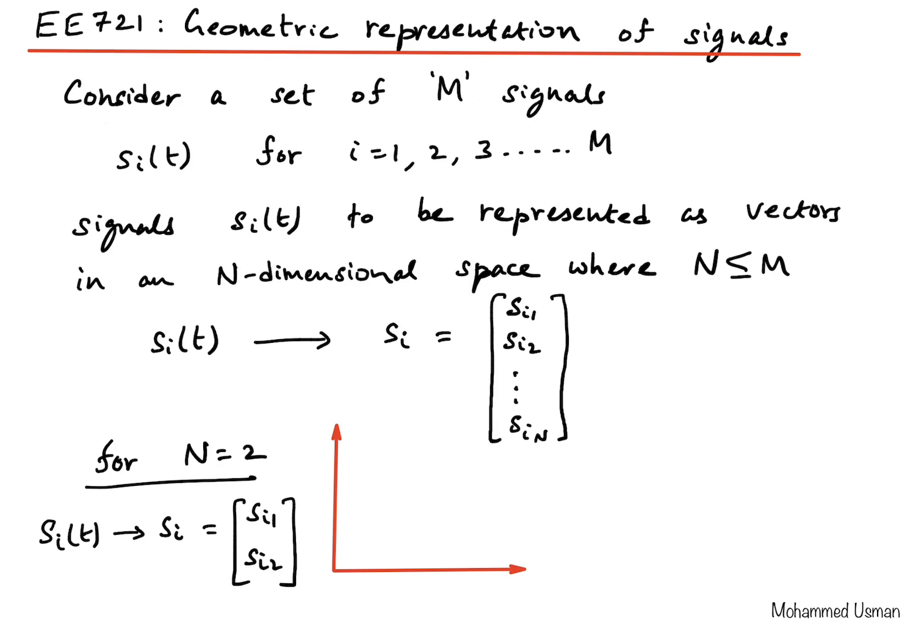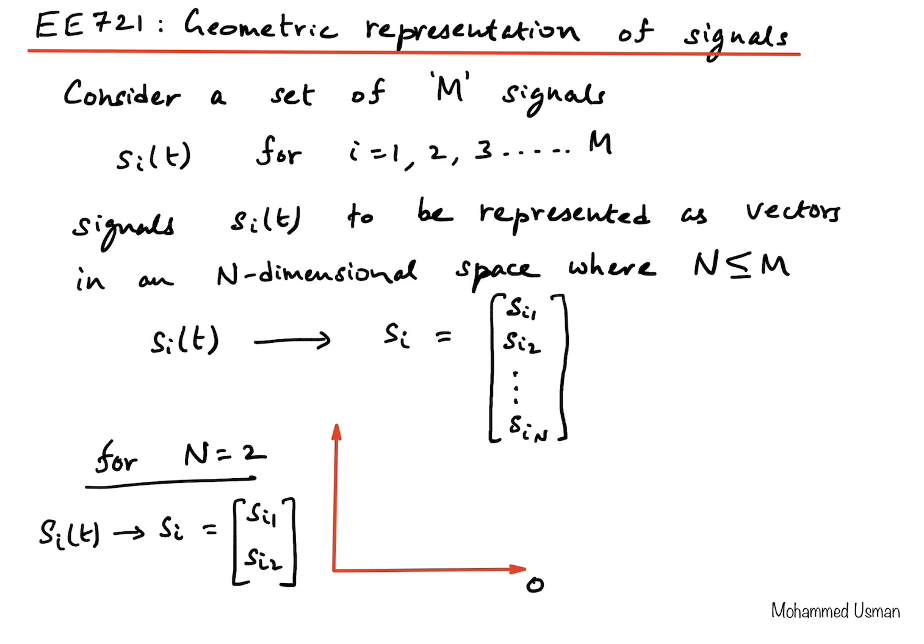Now, for the two-dimensional case, we have two axes. If it's a three-dimensional space, then there will be three axes, and we can have any value for n as long as n is less than or equal to m. Obviously, it's not possible to visualize n greater than 3 on a flat piece of paper or screen, but mathematically that's possible. The axes are called the basis functions, which we denote as phi.